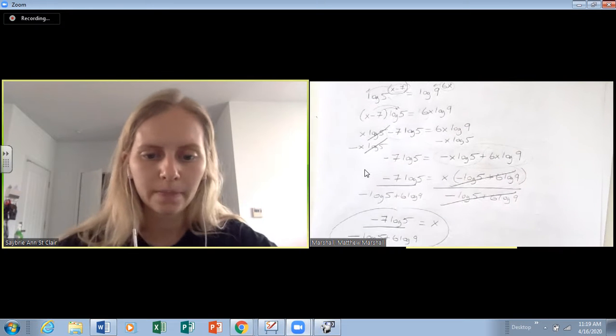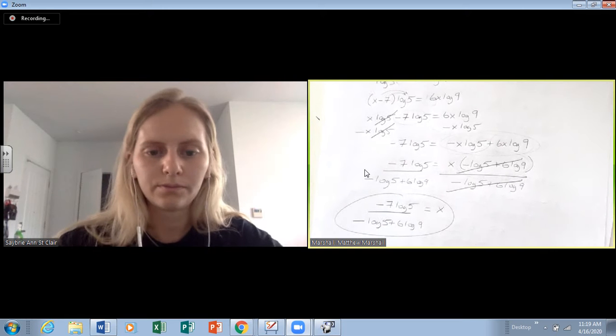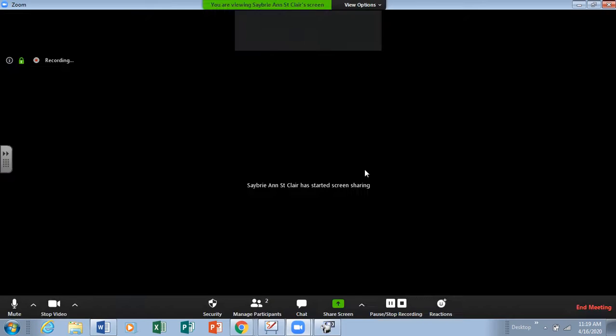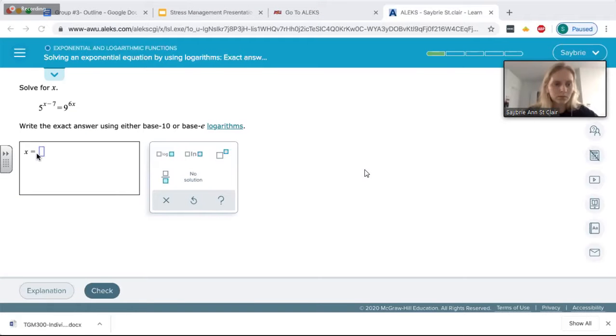It looks harder. These look harder than they really are. It's just a lot of writing logs and stuff. It's kind of weird. Hopefully that works. Negative log 5 plus.